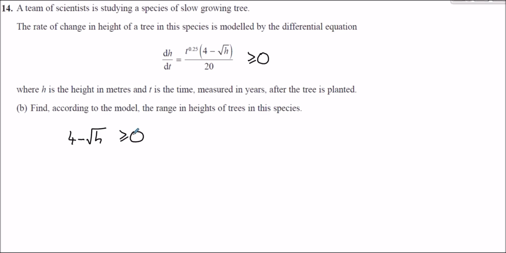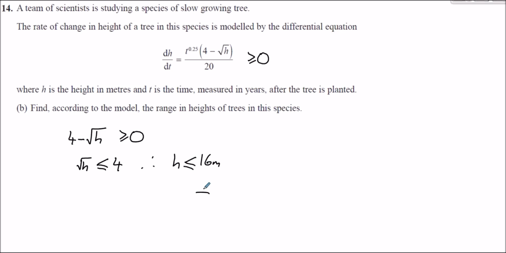So if I just add root h to both sides, basically you can see that root h needs to be less than or equal to 4. So therefore, h needs to be less than 16 meters.